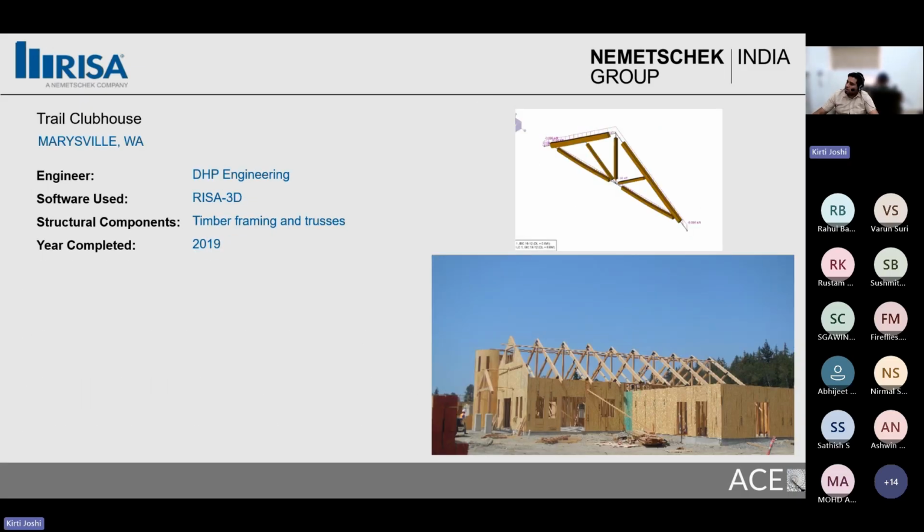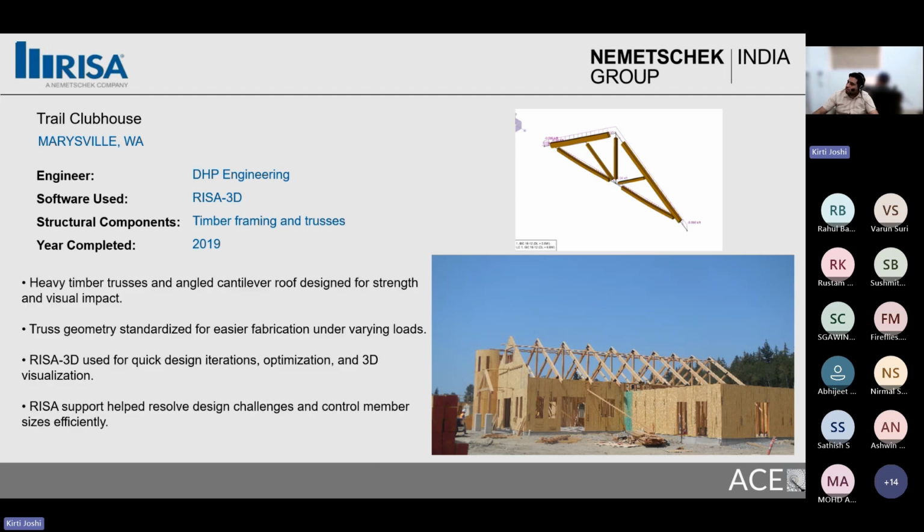So going to the last case study. This project showcases RISA's ability to handle different material types. This is a project done in timber. The structure was designed with heavy timber trusses and a cantilever roof.